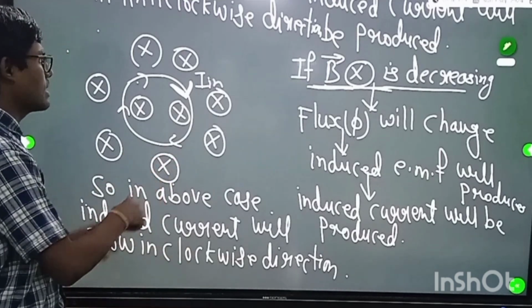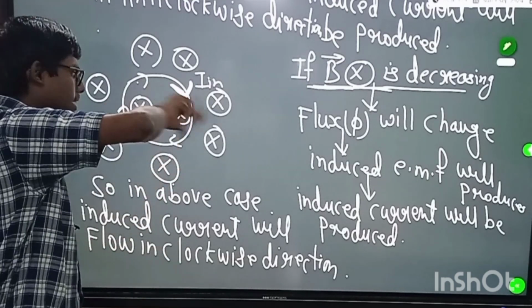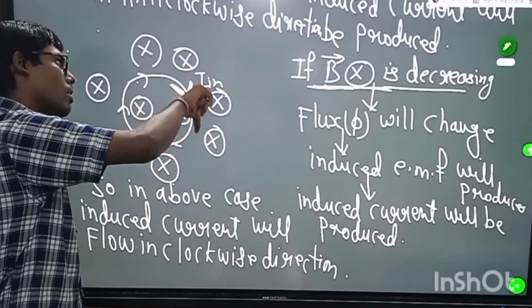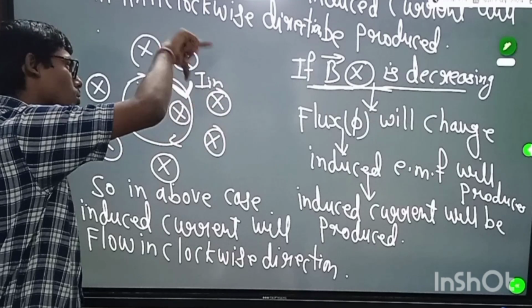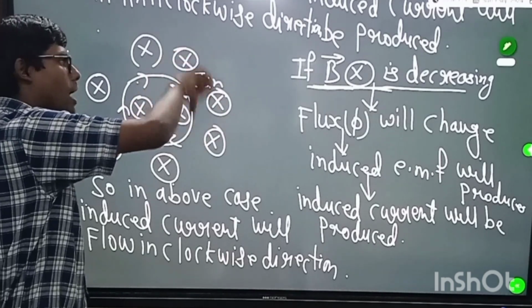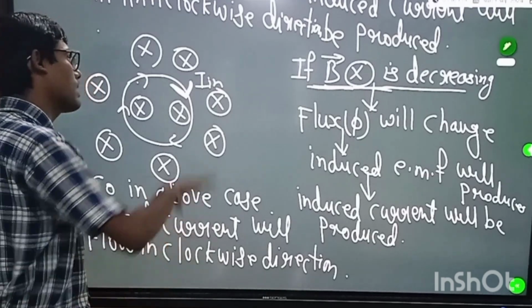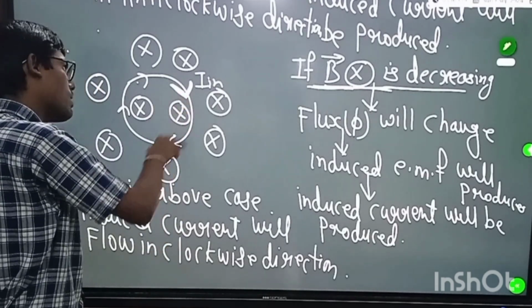Induced current in this case will be produced in the clockwise direction, then the magnetic field will be inward, and since the magnetic field is decreasing, it will oppose the decrease, so there will be less decrease in the magnetic field if the current flows in the clockwise direction.